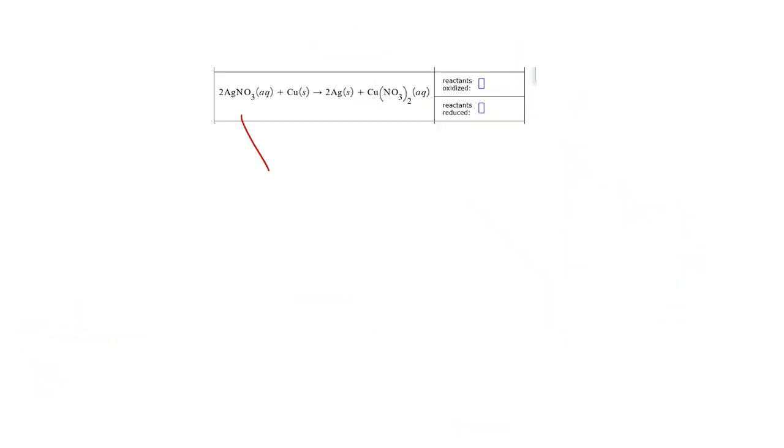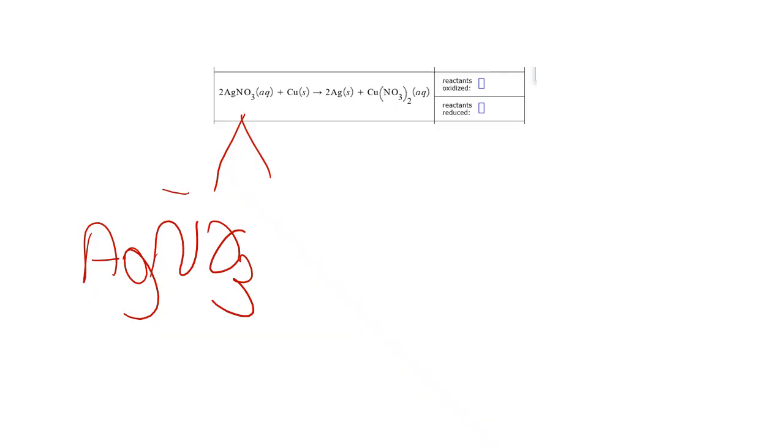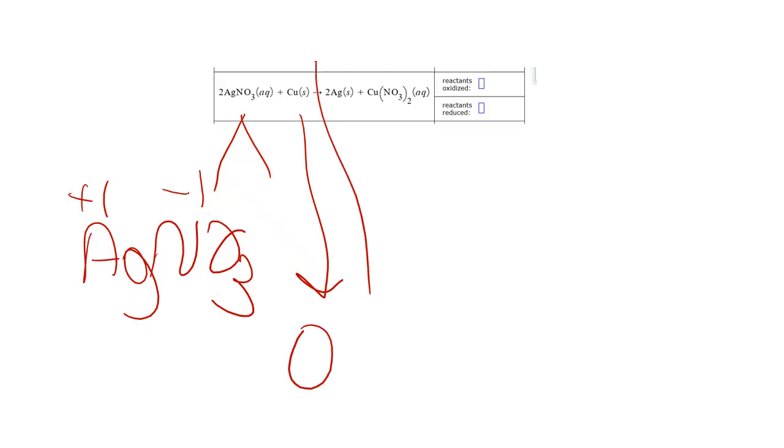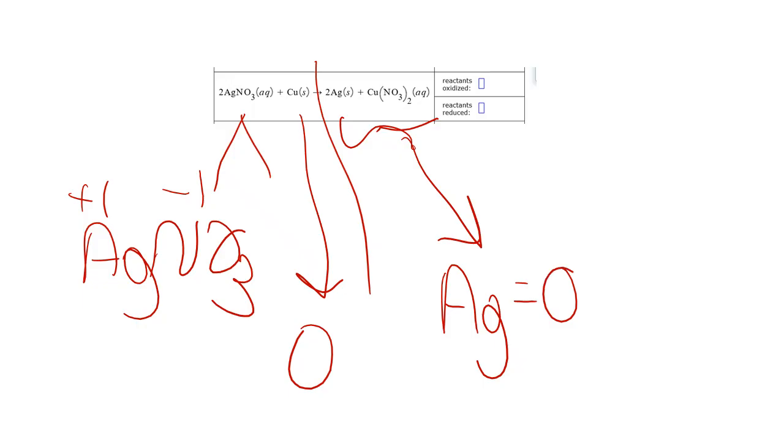This one right here, AgNO3. NO3 is a polyatomic with an overall charge of -1. So Ag is a +1. Copper is a 0. On the product side, Ag is now a 0.